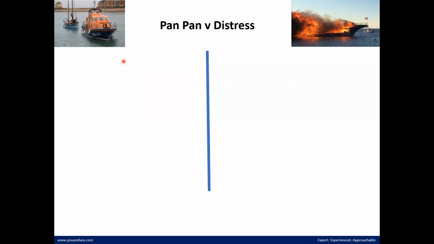Although it may seem like the worst case scenario, you're not in distress, it's not grave and imminent danger, so it falls into the category of a pan. You're going to need assistance, just not blue lighting. I quite often use the analogy when we're in the classroom that you can finish a cup of tea if the lifeboat's going to come to you.